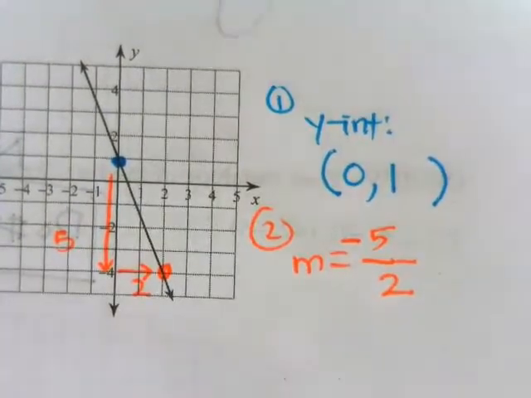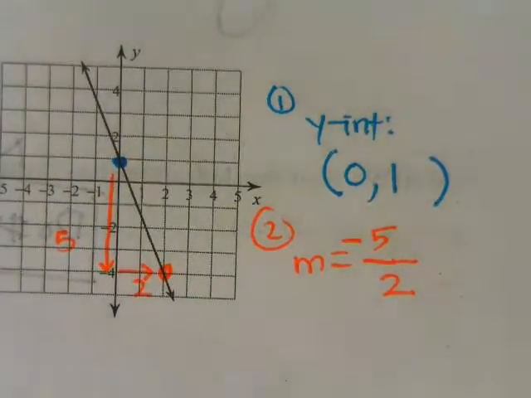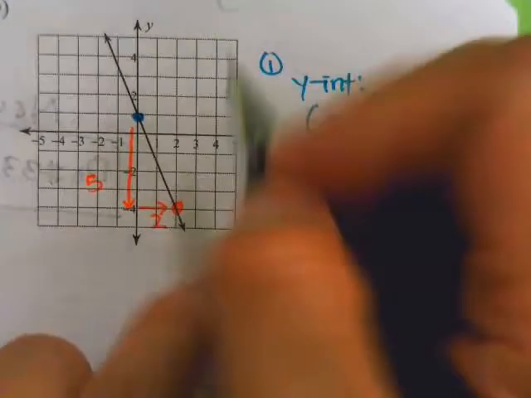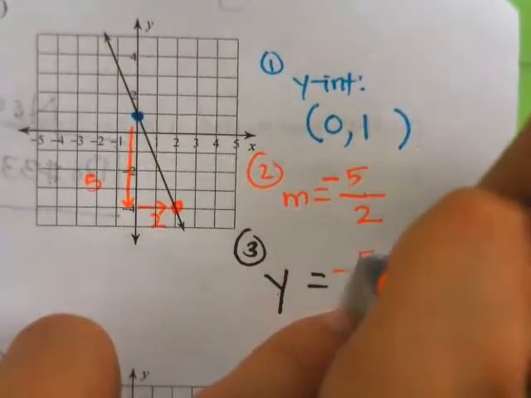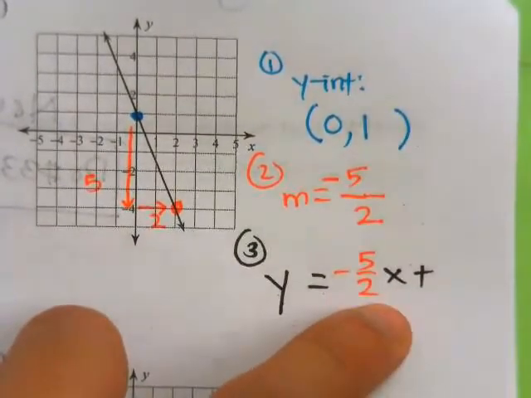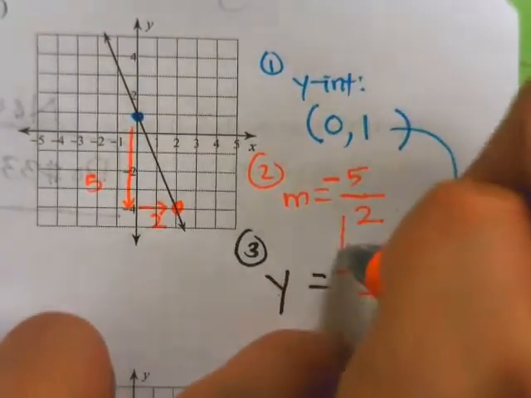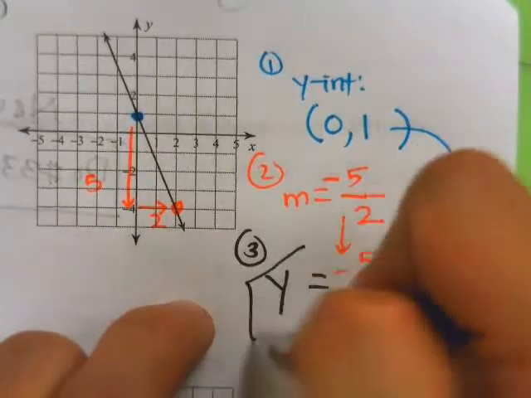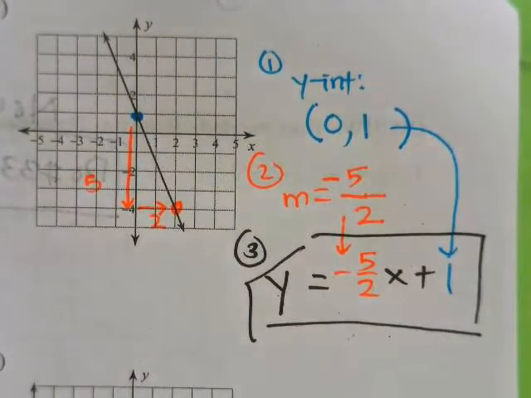Let's put that negative. 5 to 5. One, two, three. Y-intercept, slope, equation.